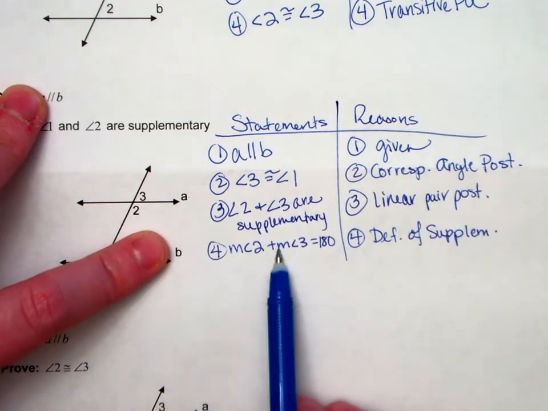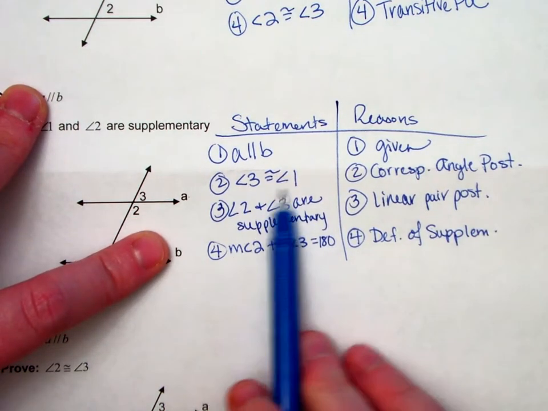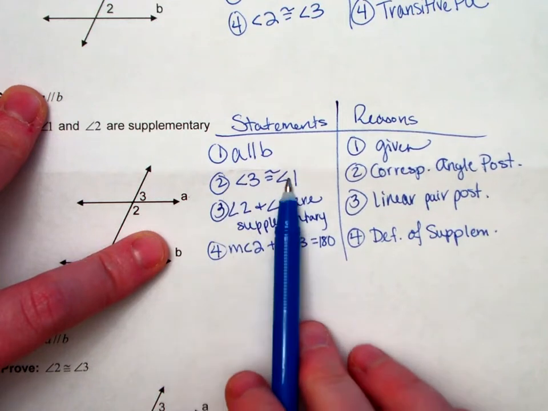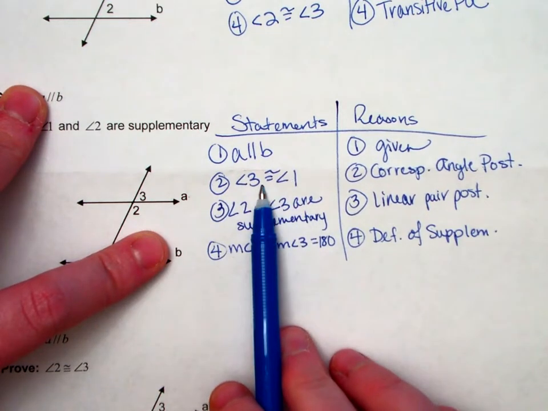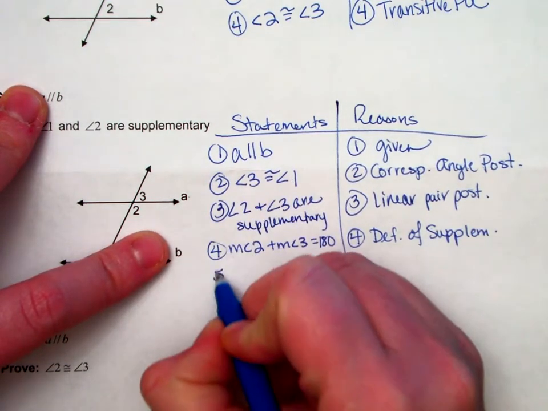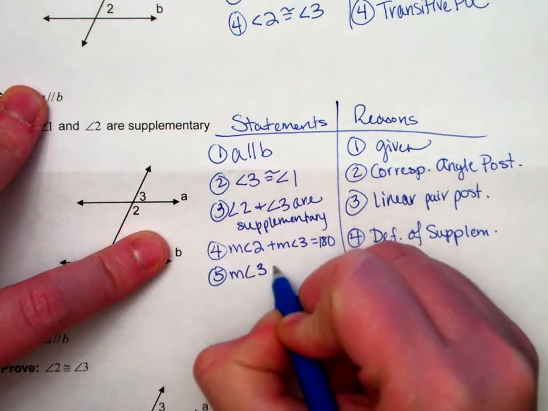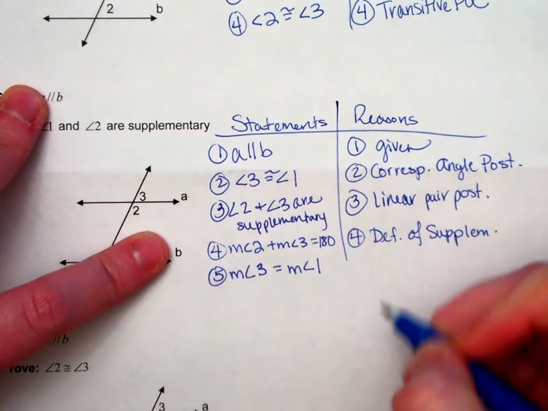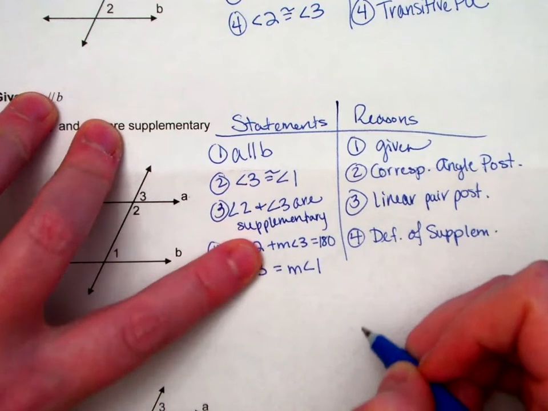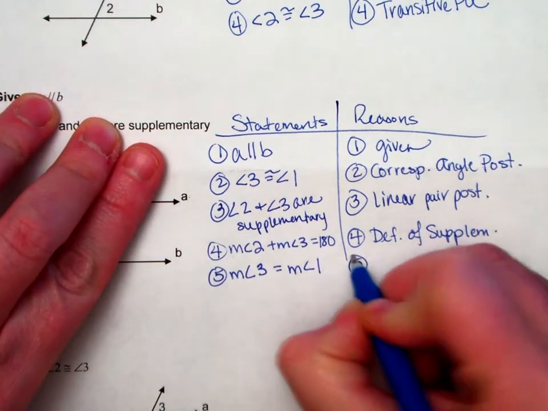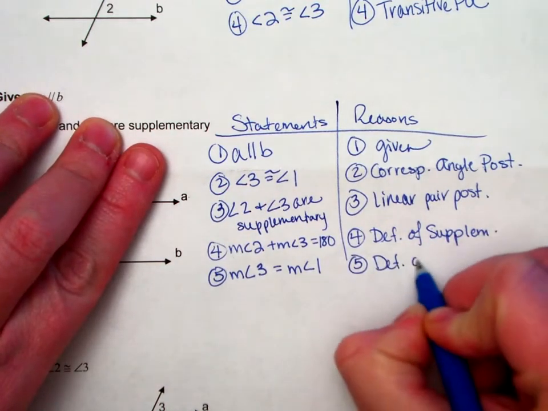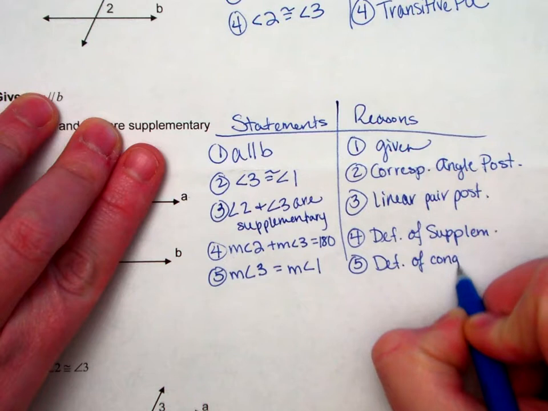Now that I've introduced the idea of measures, I need to do something with this congruence. When we know angles are congruent, we know their measurements are equal. So step 5 would be measure of angle 3 is equal to measure of angle 1. That's using the definition of congruence.